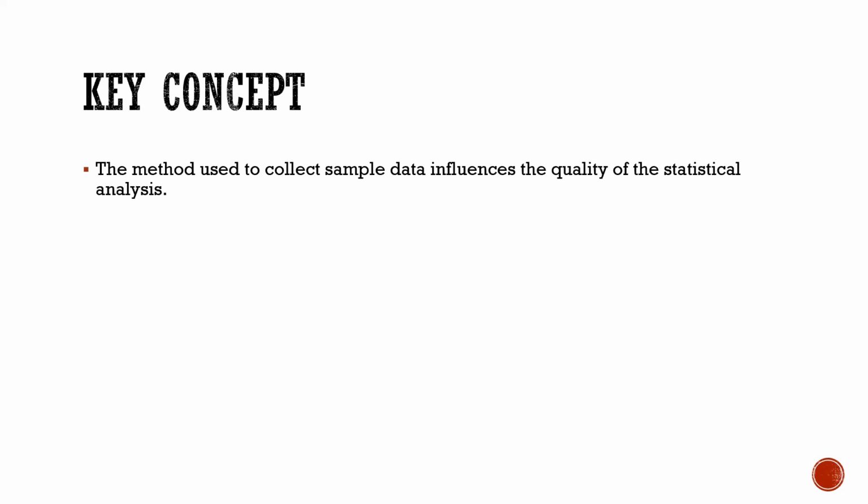And that is not true. If your sample is a very small part of your population, that doesn't really matter. Sure, the number of people in your sample matters, and we will look at that later when we get into calculations.